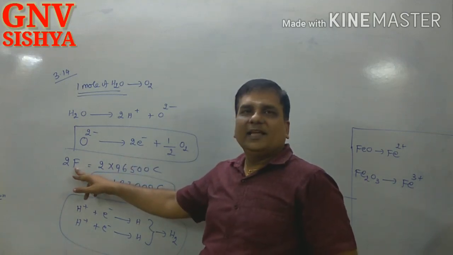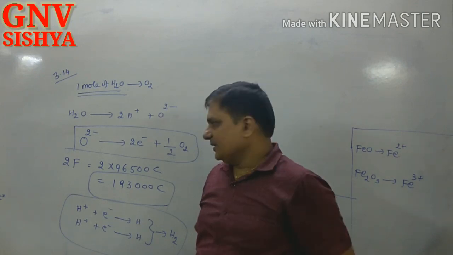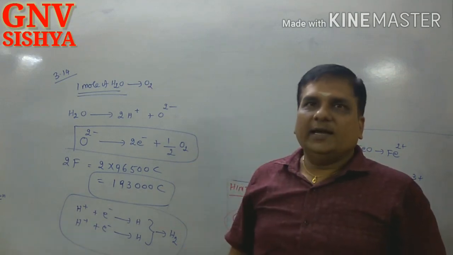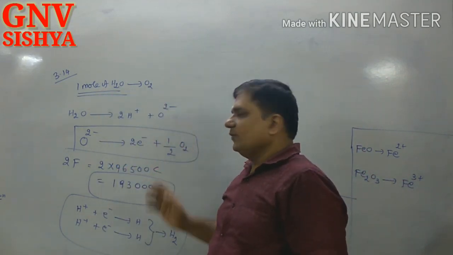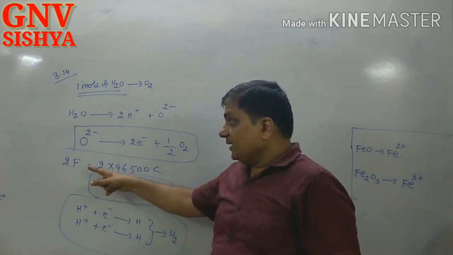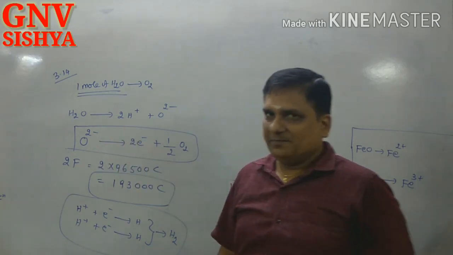So 2 Faraday. So 2 into 96,500 coulomb. Correct? I hope you understand. So the quantity of electricity required to convert 1 mole of H2O to O2 is 2 Faraday. The 2 Faraday with respect to O2- should be the same as with respect to H+.